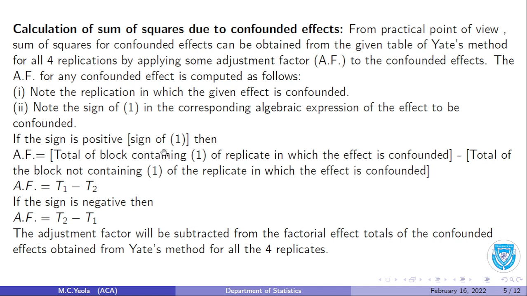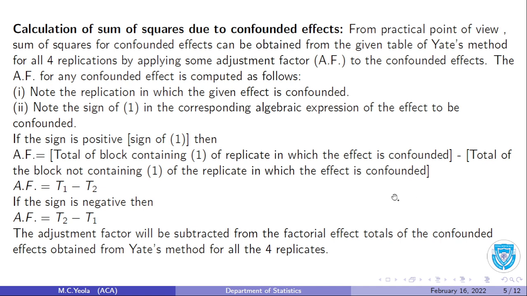If the sign of 1 is positive in that algebraic expression, then the adjustment factor is computed as the total of the block containing 1 of the replicate in which the effect is confounded, minus the total of the block not containing 1 of the replicate in which the effect is confounded.